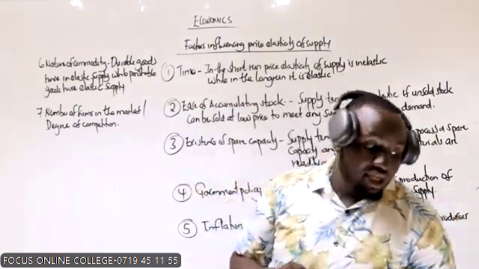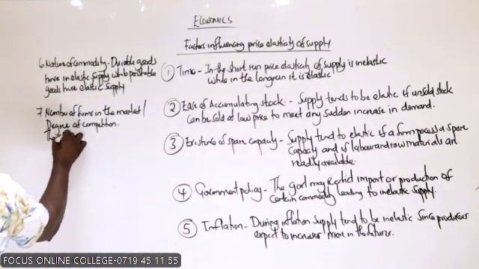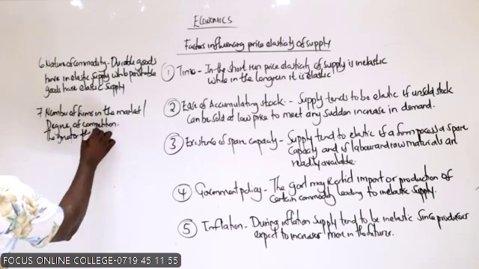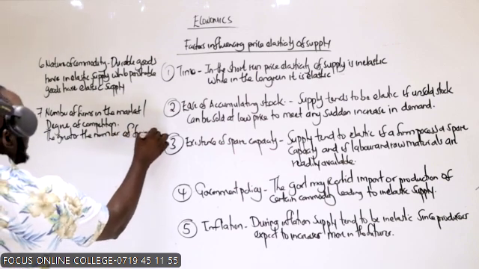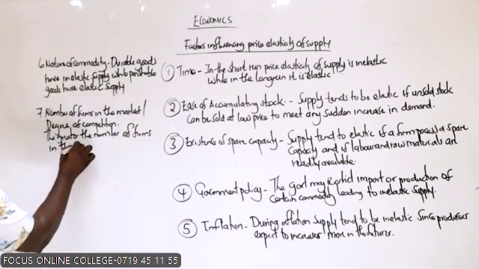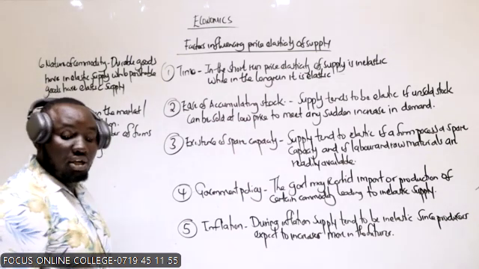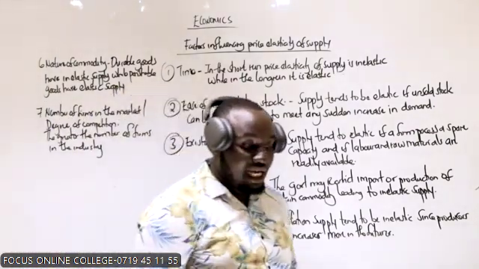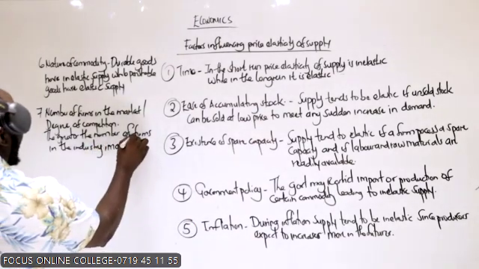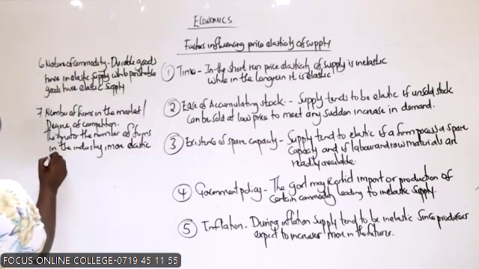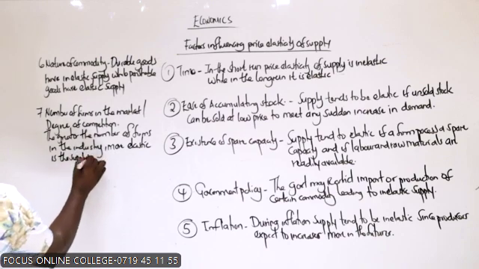So the greater the number of farms in the industry, the more elastic is the supply.